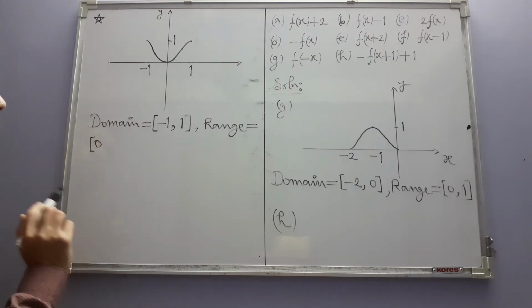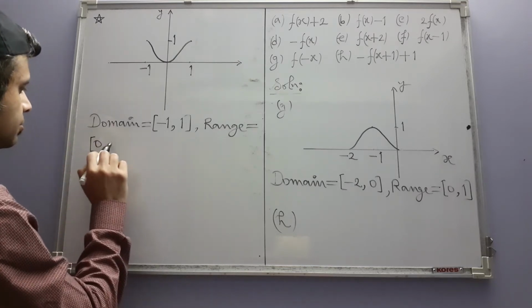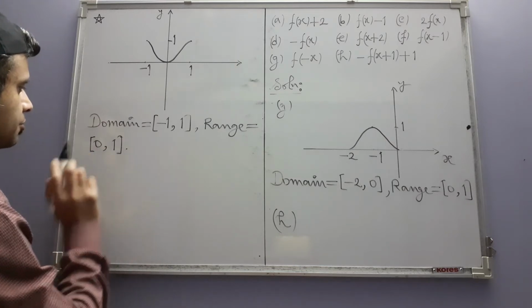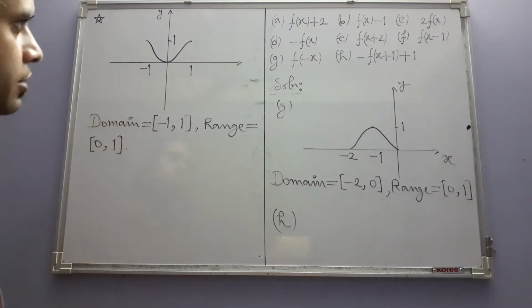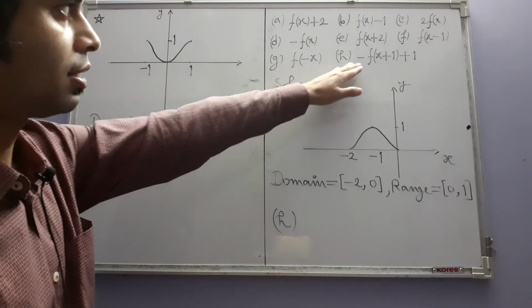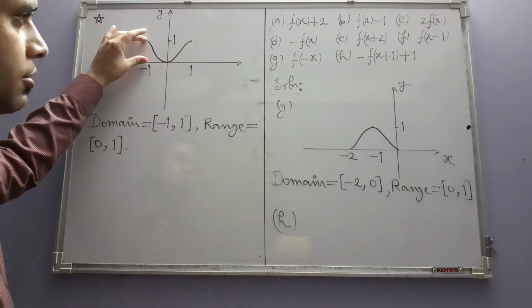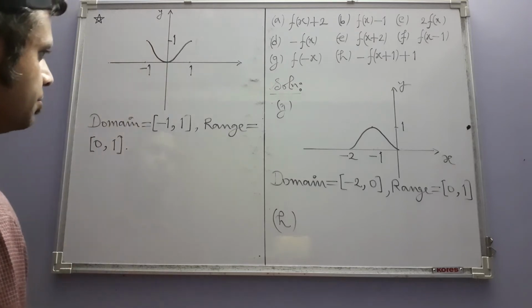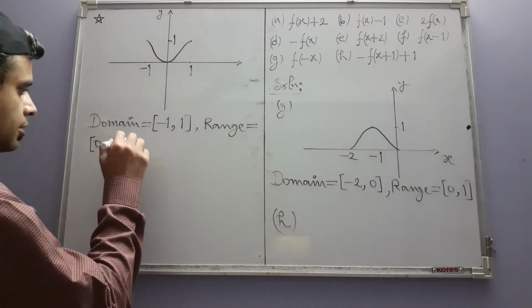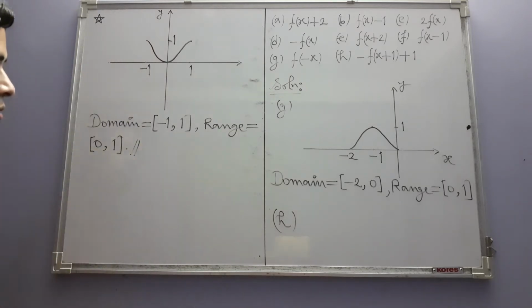Oh, the range still has not changed, okay. Because of the shape of the graph, it looks like the range has changed, but no. After going through all the intermediate steps, ultimately we have come back to the range 0, 1. So that's it. This is the solution.